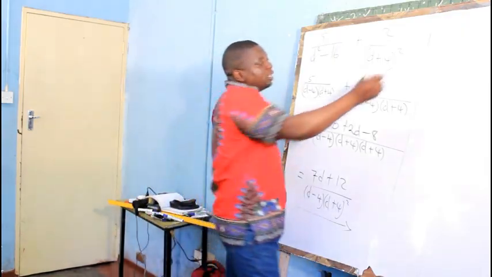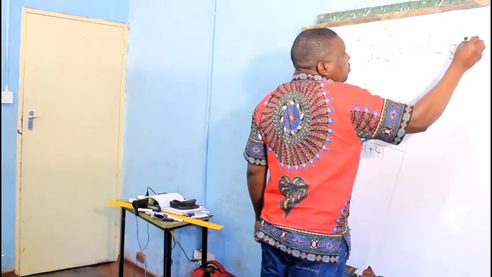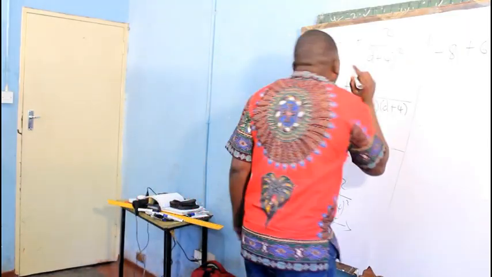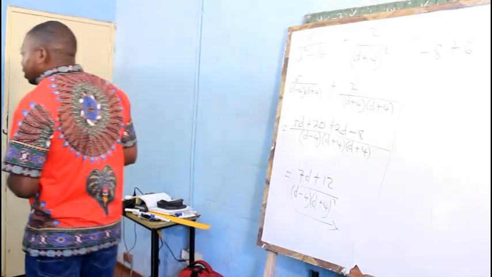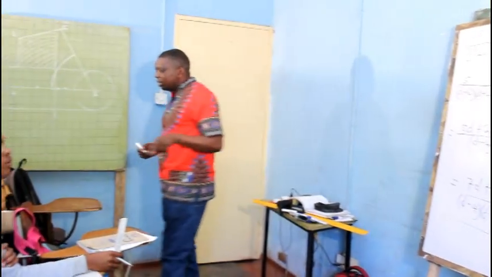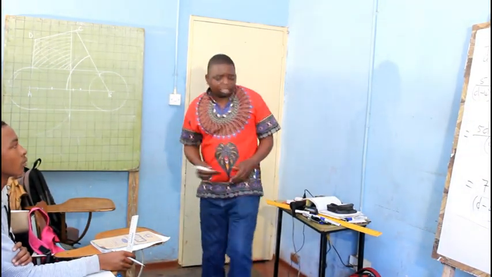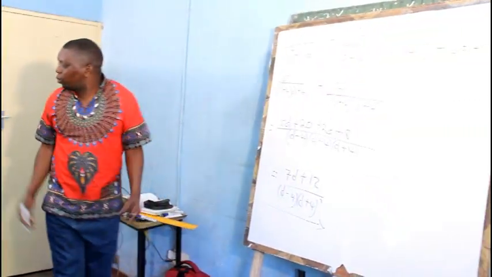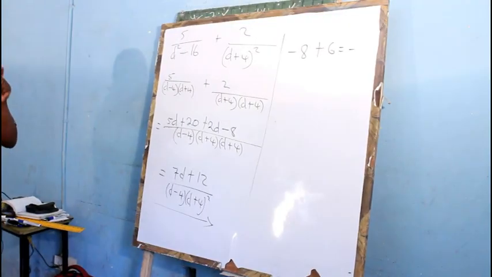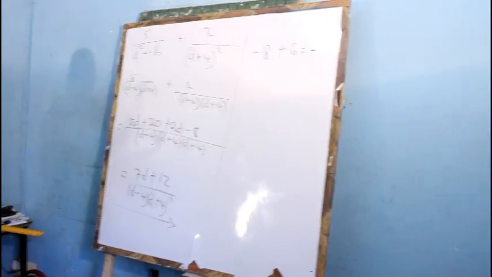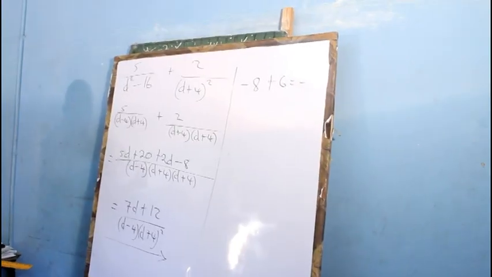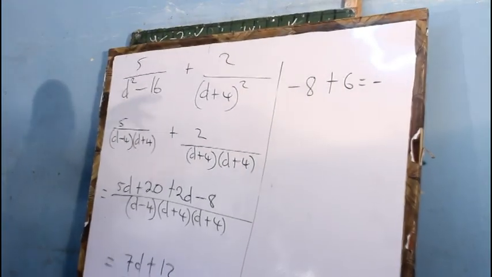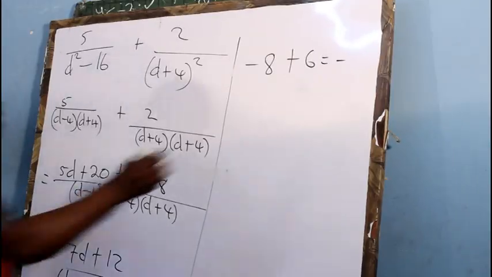If we have minus 8 plus 6, what is the sign of the bigger number? It is minus. What is the difference between 8 and 6? Because if the signs are different, you find the difference. It's 2, then you write 2.